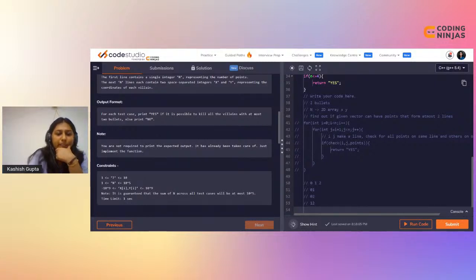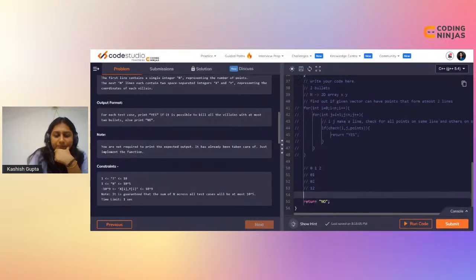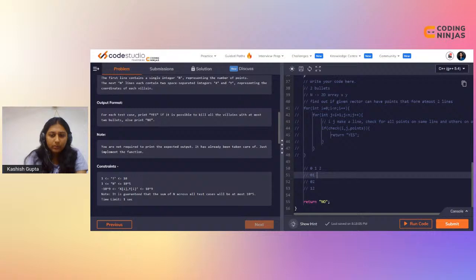If I have to explain this better, take the scenario that yes, only two lines will be formed. So in that case, for the starting points 0 and 1, there are two cases: either they lie on the same line or they don't lie on the same line.